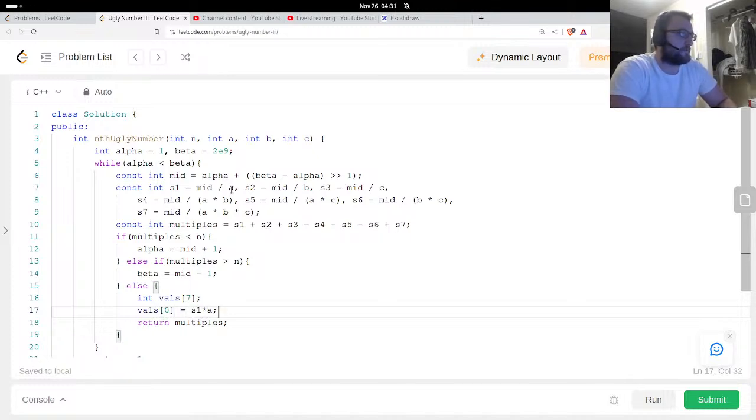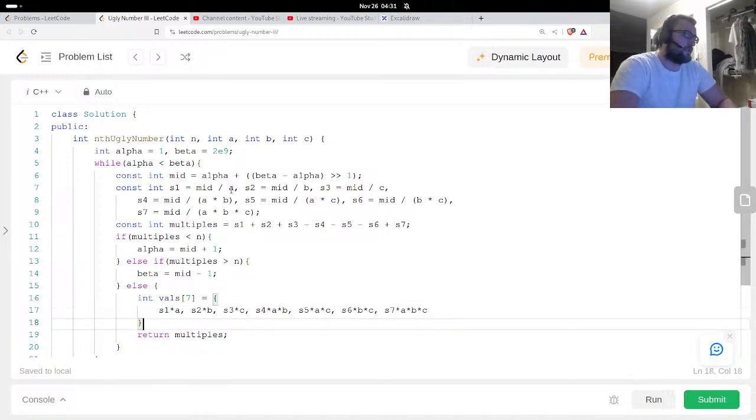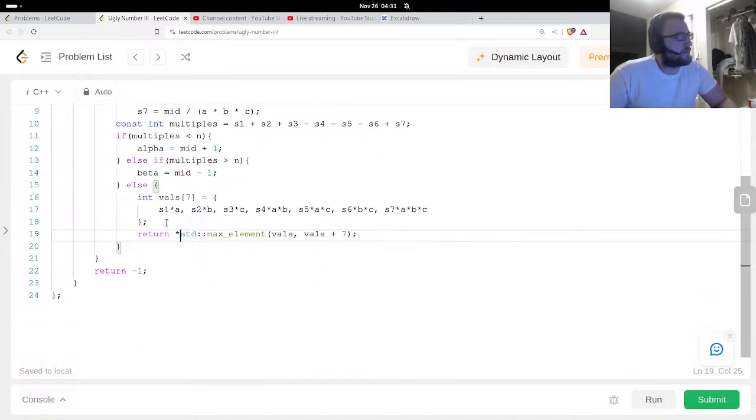It's just going to be S1 times A, S2 times B, S3 times C, S4 times A times B, S5 times A times C, S6 times B times C, and S7 times A times B times C. And I just want the largest of those values.